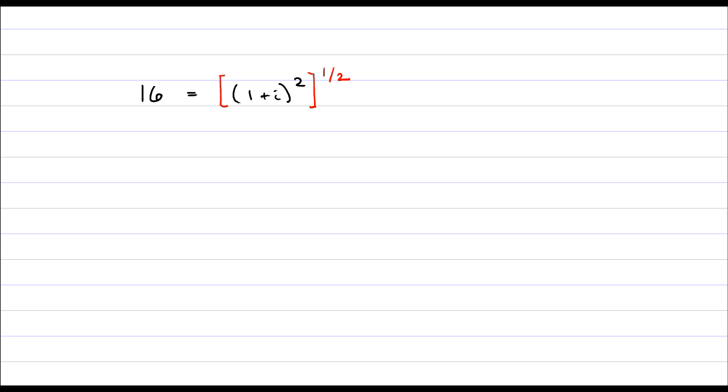So if I wanted to get rid of that squared, I could raise the right-hand side to the 1/2 power, which means I also have to raise the left-hand side to the 1/2 power. And so that would give me, on the right-hand side, the exponents here cancel. On the left-hand side, I could take the square root to get 4 equals 1 plus I. And then I would be 3 in that case.